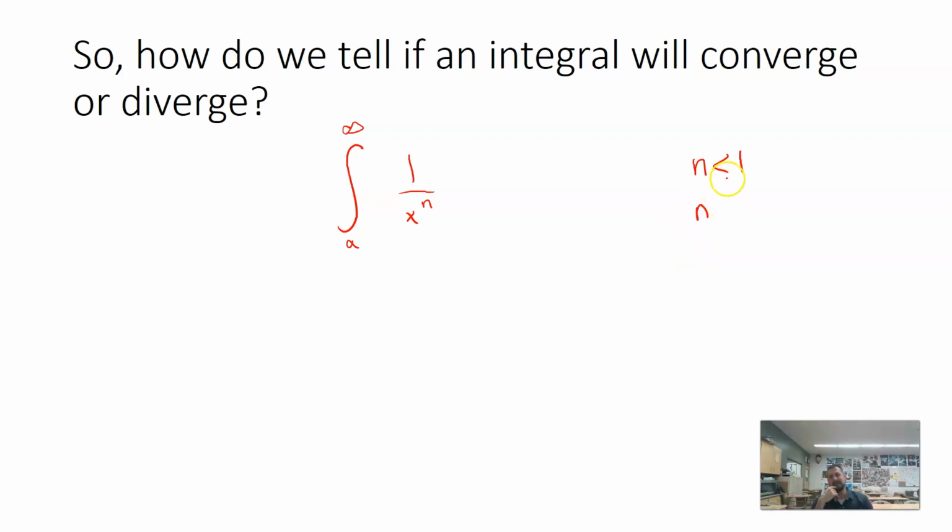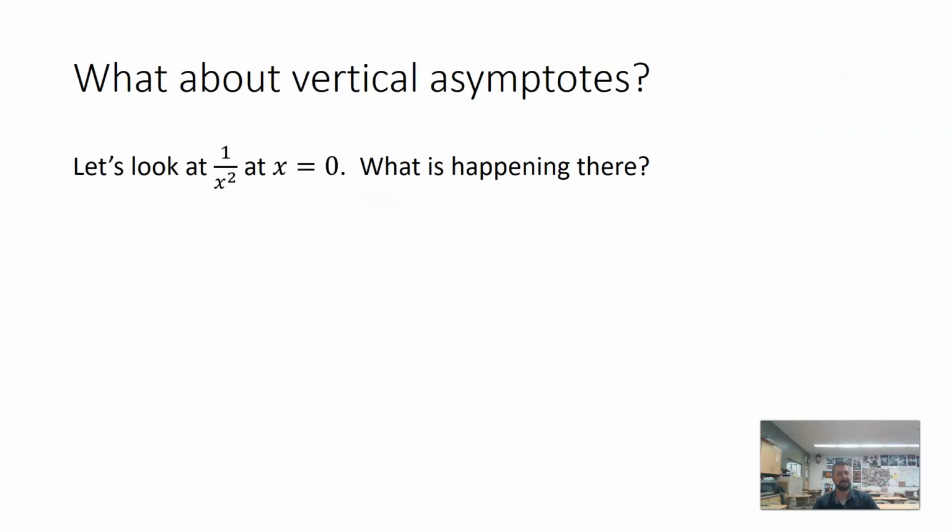If n is greater than 1, then automatically I can tell that that particular improper integral is going to be convergent. And I don't need to take the antiderivative to tell what it is. I can, and I can tell what that's going to be, but automatically I can look at it just by knowing what power x is being raised to on the bottom. Okay? And we're actually going to skip vertical asymptotes.